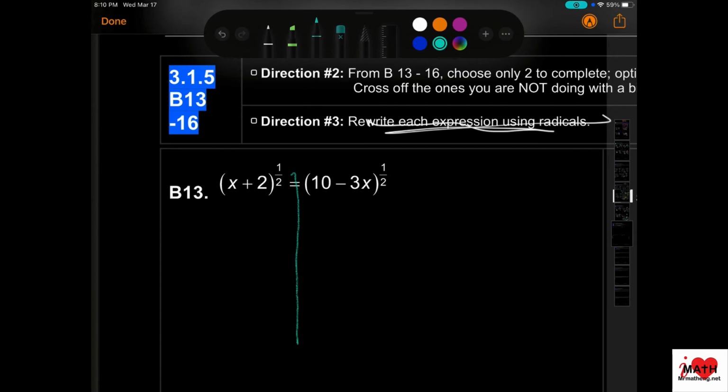Both sides on this problem have something to the 1/2 power. It's kind of like back in regular equations, you want to get rid of the fraction. Well, in this case, how do you get rid of the fraction?